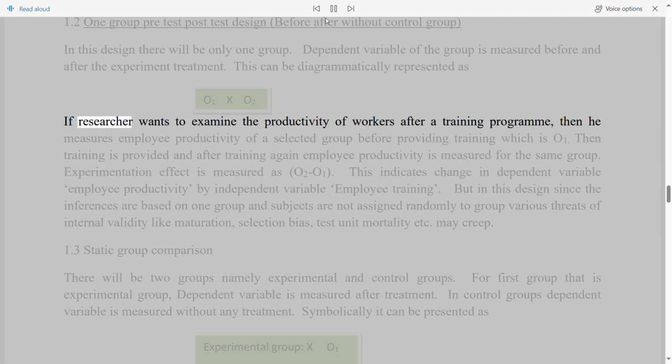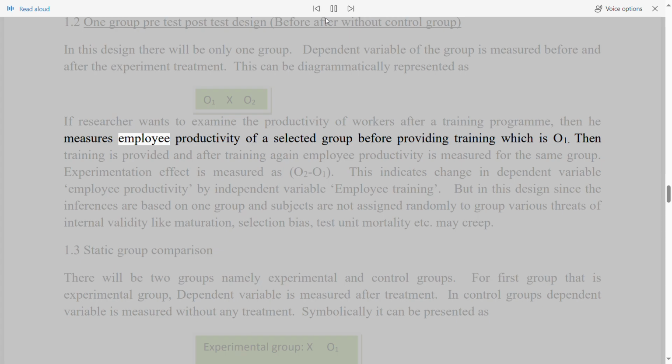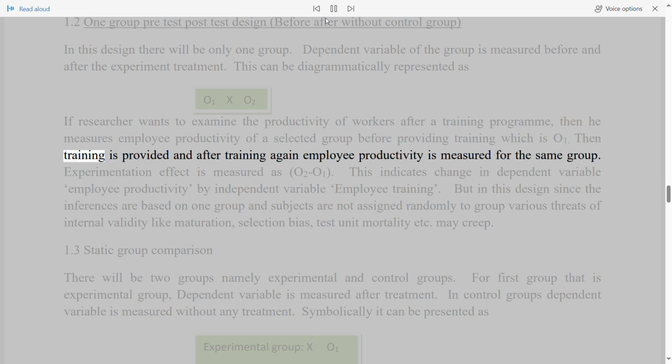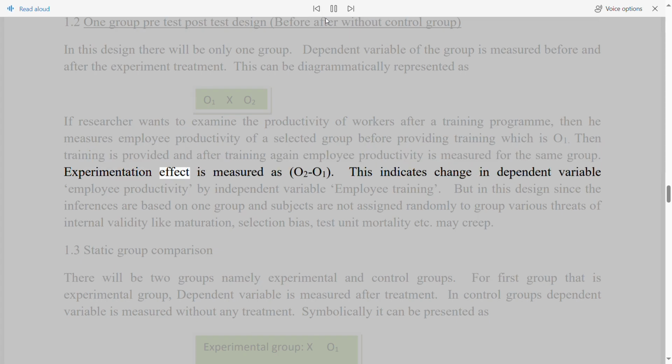If a researcher wants to examine the productivity of workers after a training program, then he measures employee productivity of a selected group before providing training, which is O1. Then training is provided, and after training employee productivity is measured again for the same group. The experimental effect is measured as O2 minus O1.